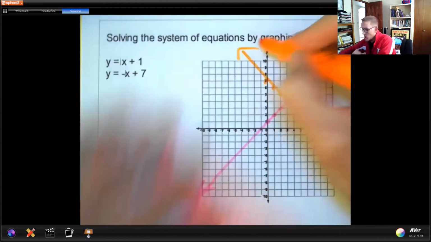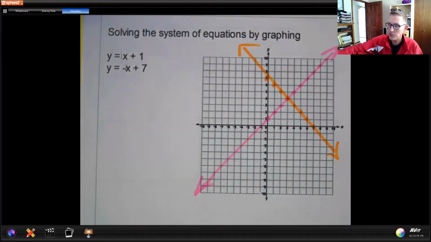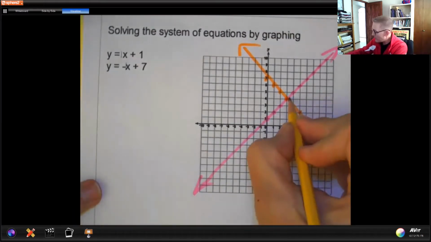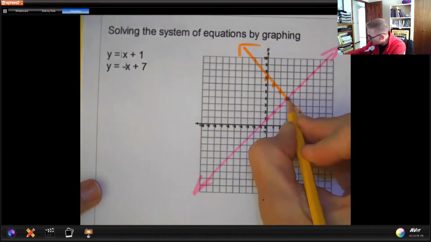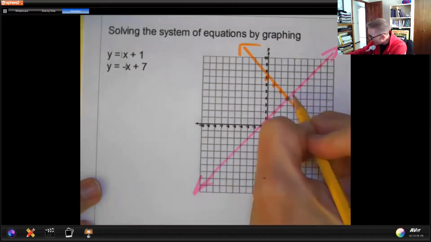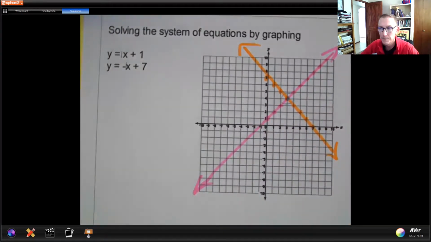One of the reasons why I want you to draw as many points as possible is because very often, especially with these problems that are set up for graphing, you're going to actually see instantly where that intersection point is, because you're going to put a dot there for both lines. So this one right here, that is the point of intersection. That's the place we're looking for.